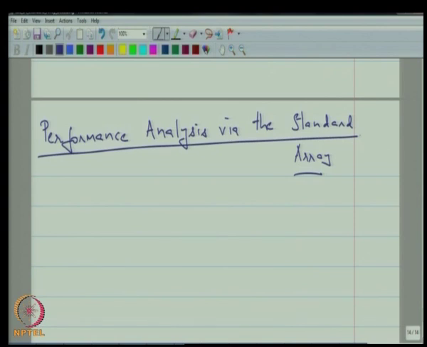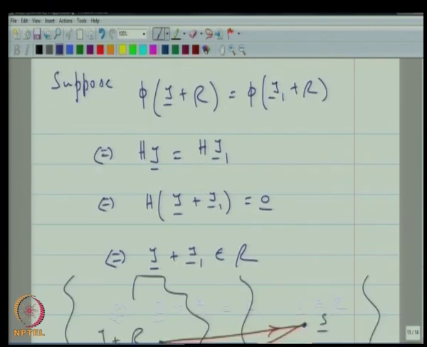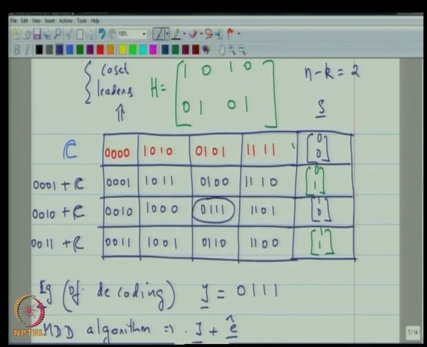For this, I am going to go back to the standard array and reproduce it, but we are going to view it slightly differently.